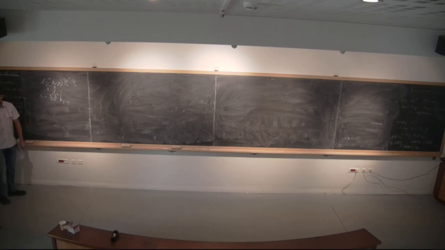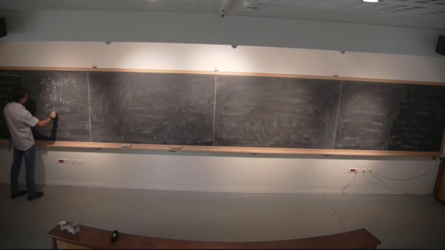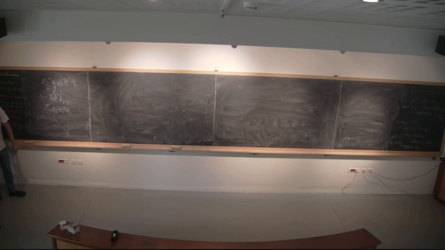Alternatively, I could write this the way Giovanni wrote earlier today, as a sum over ij, t_ij, c_i dagger c_j, where these operators are defined in the Wannier basis that Giovanni introduced this morning. Okay, so this is just to let you know that this is a one-to-one correspondence.